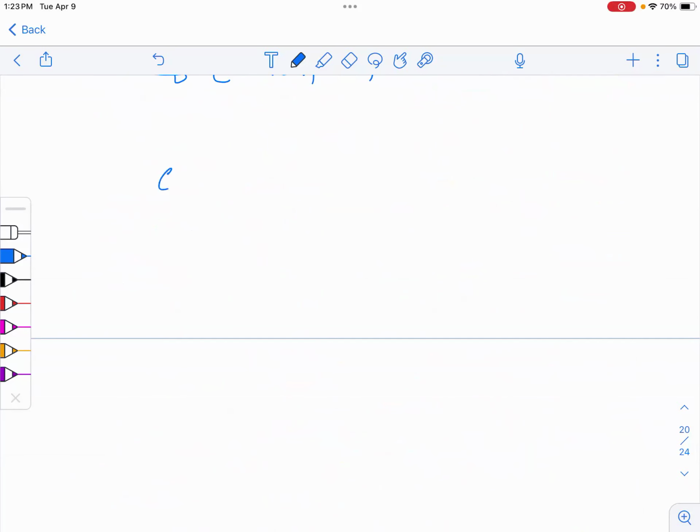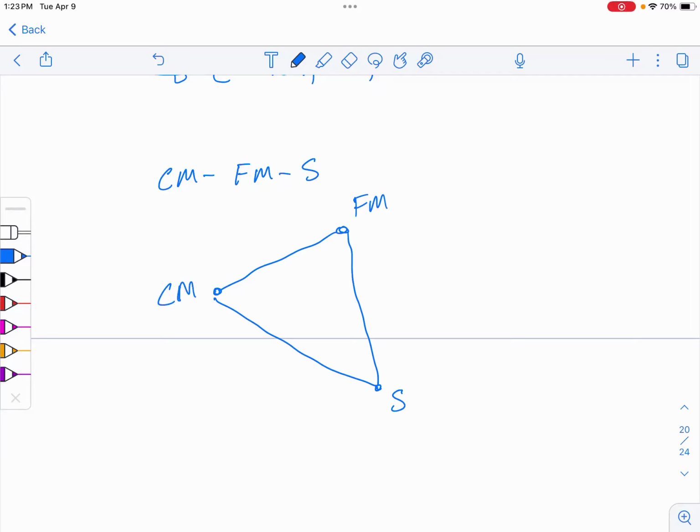All right, so close Mercury, far Mercury, and the sun. Okay, so we have those. Those are nice. Do we know anything else?